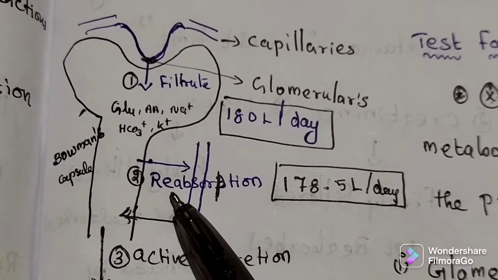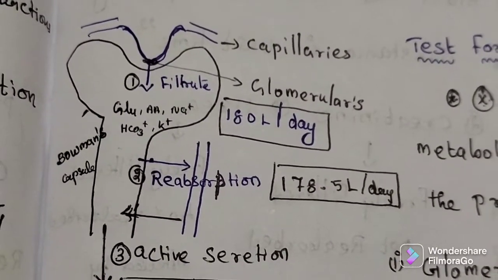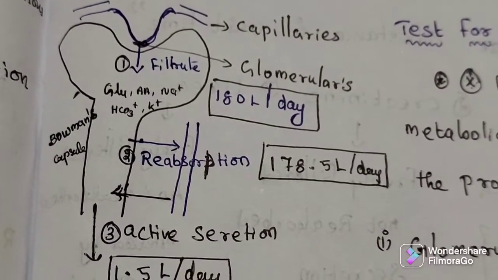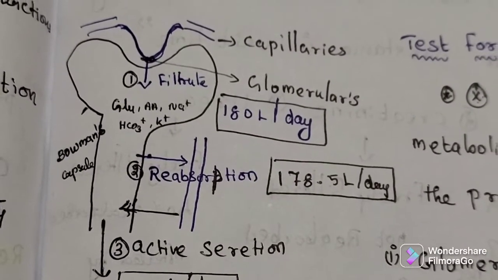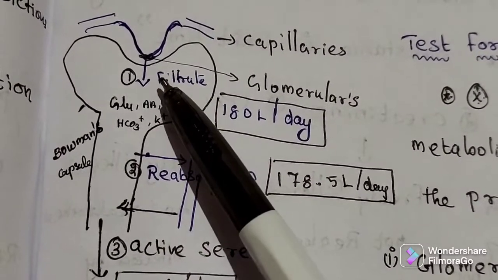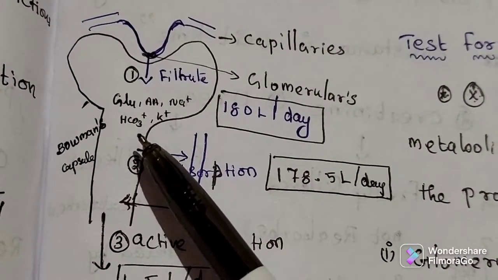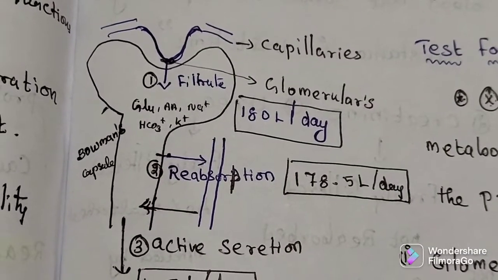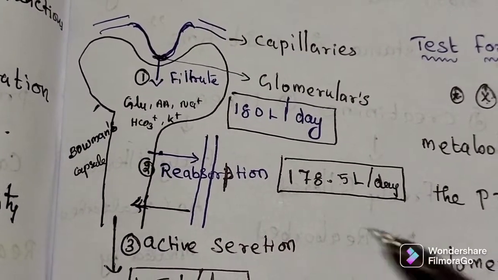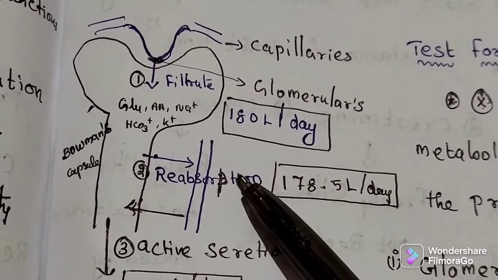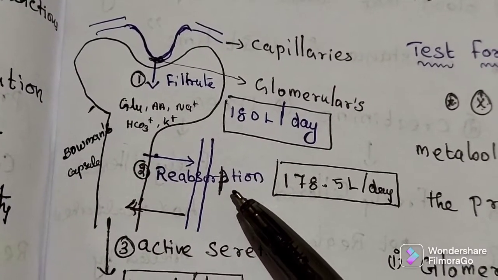Second is reabsorption of the contents. Tubular reabsorption. This filtrate contains glucose, amino acid, sodium, potassium, bicarbonate. These components get reabsorbed by the tubules.